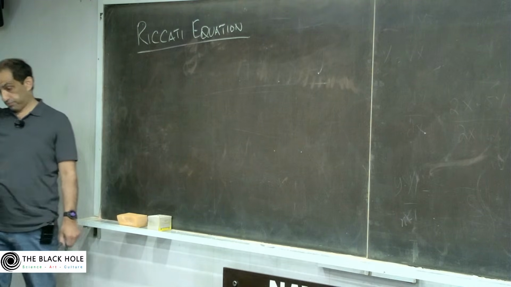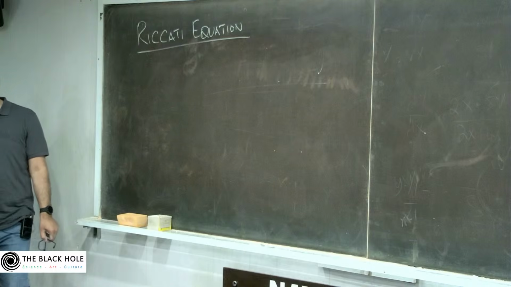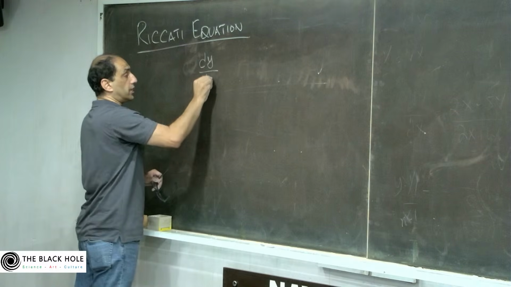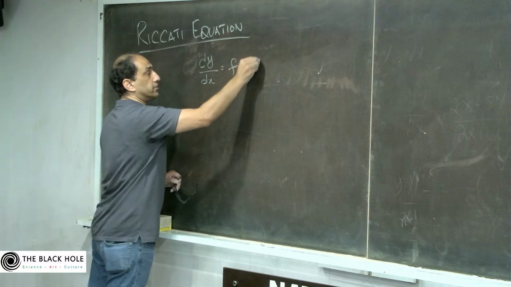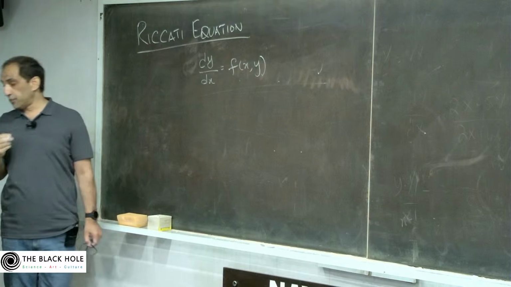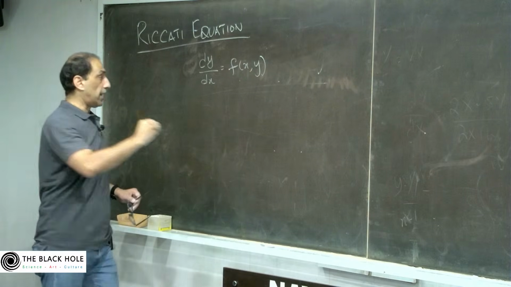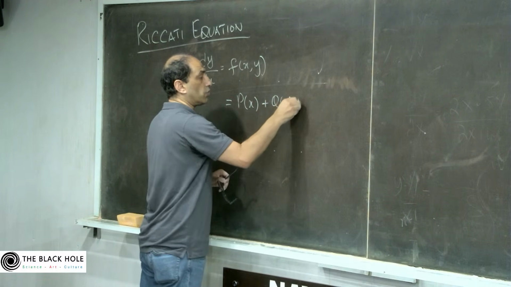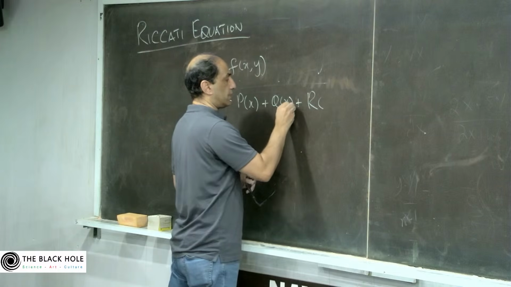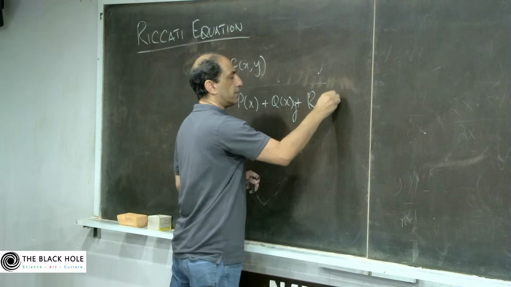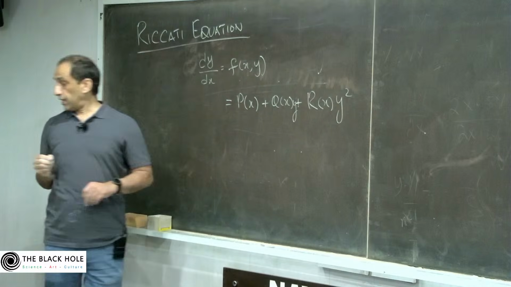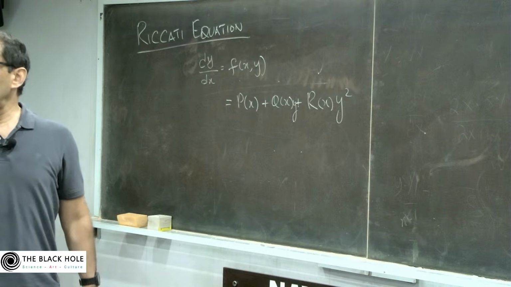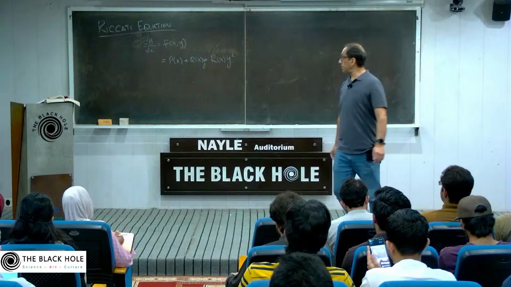Generally when you write the differential equation like this, in this particular case what you have is P of x plus Q of x y plus R of x y squared. It can go on and on, but then it won't be a Riccati problem. For Riccati, it should stop here.